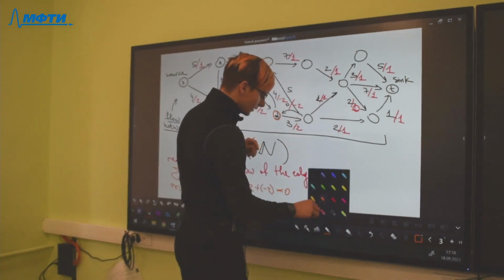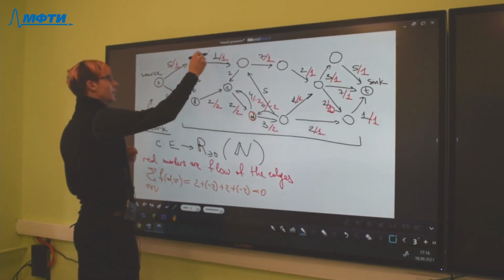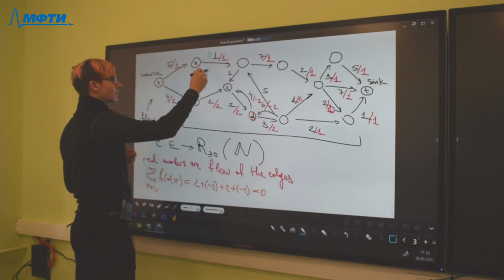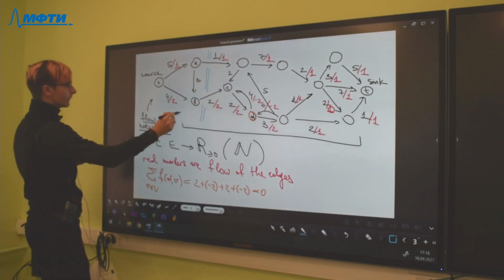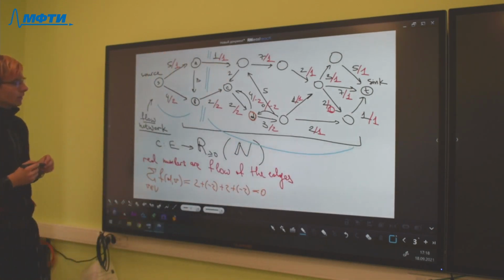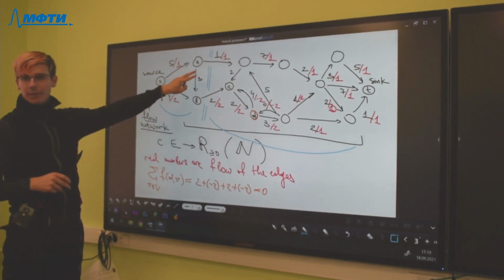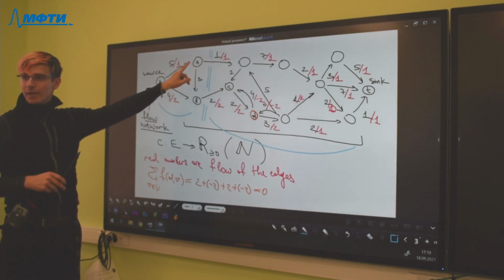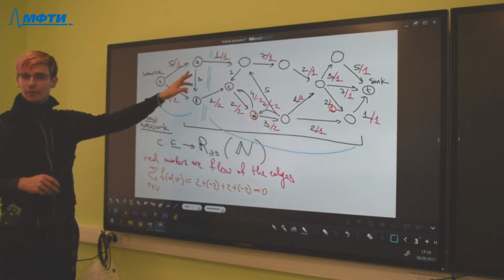You can see that if we cut our graph into two parts, this and this part, there are two edges between them, and the sum of the capacities of these edges is equal to 3.